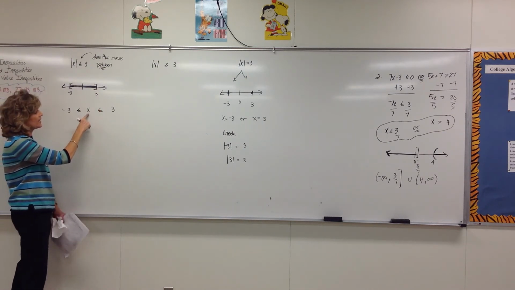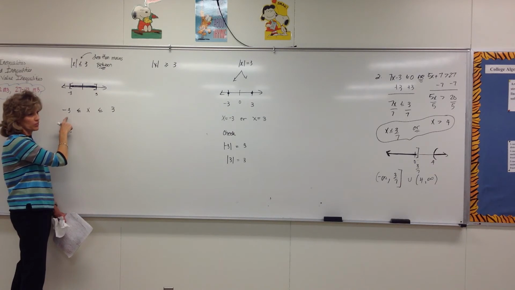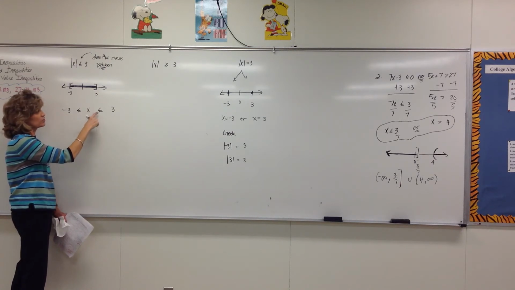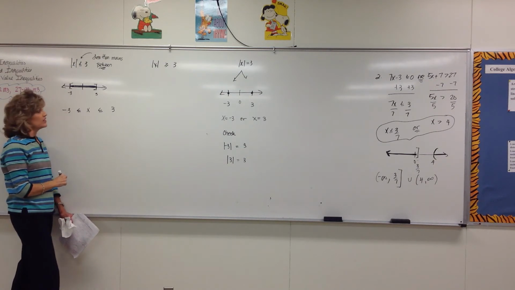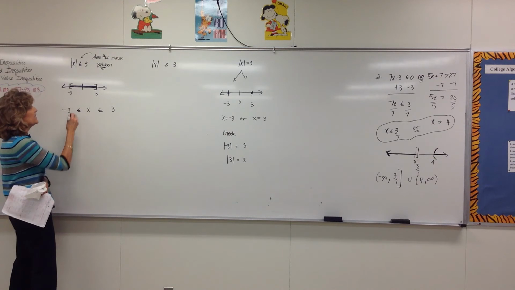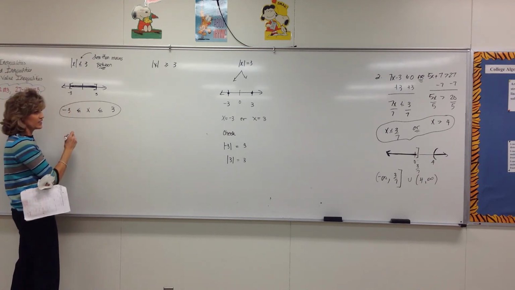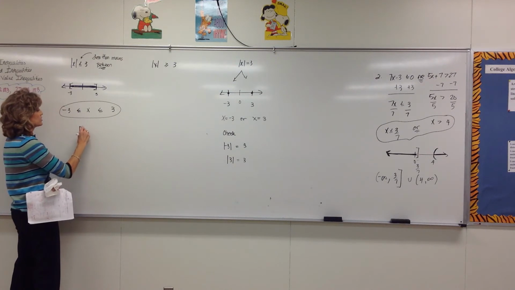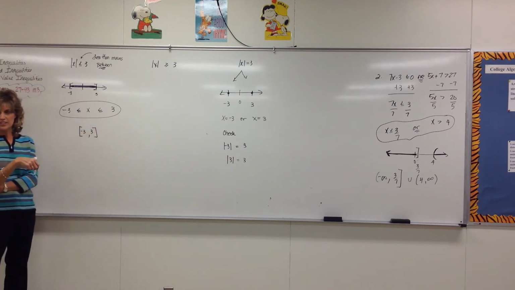It says X can be numbers that are bigger than -3 and numbers that are smaller than +3. But between is the shortest way to talk about it. So here's my graph. Here's the algebraic solution. In interval notation, go from -3 to +3, including both ends.